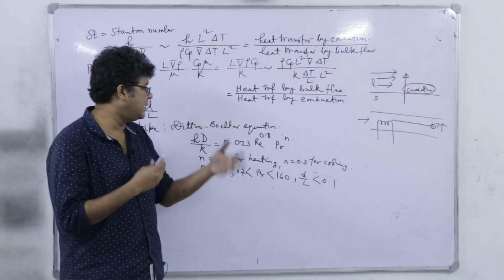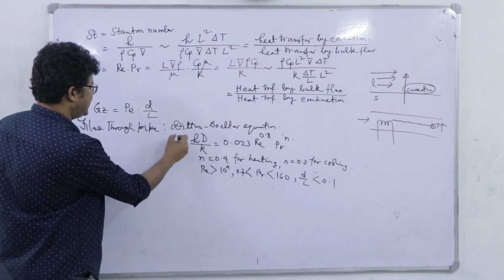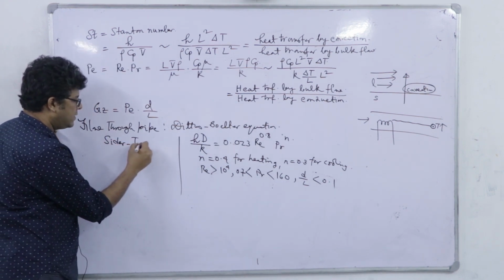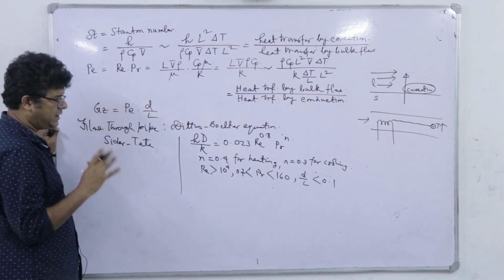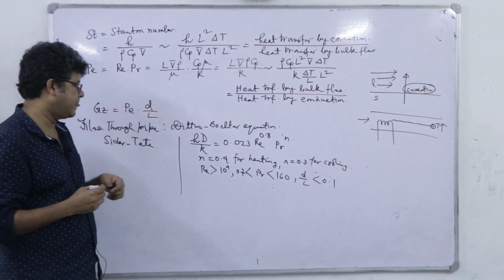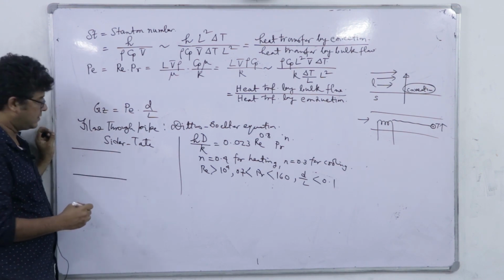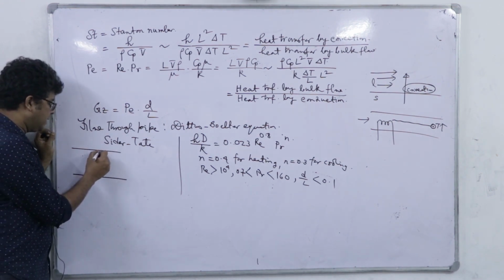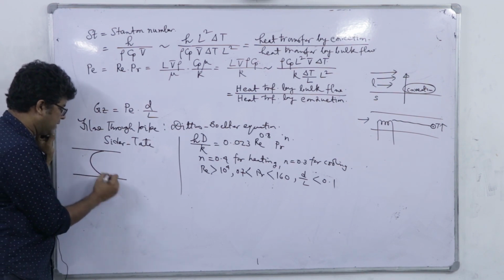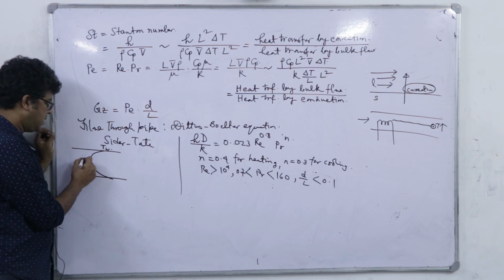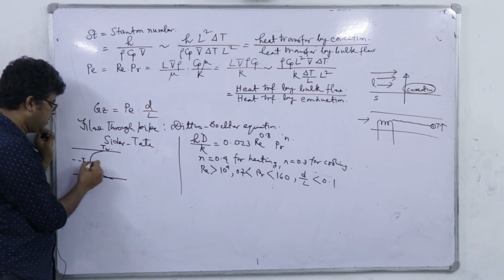Why the Prandtl number actually changes has been identified by Sieder and Tate. So what they have included additionally, you see that during heating and cooling, what is the difference? When it is heating, the temperature profile will be something like this, right? High temperature at the wall and the bulk temperature will be lower.